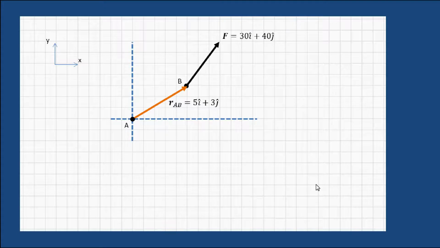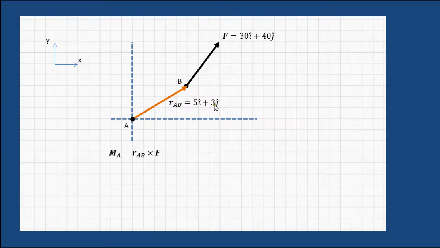Now we can take the exact same setup, but in this case we can create a vector formulation. So we look at the position vector that goes from the point of interest, in this case A, to the point of application of the force, and we designate that position vector as r A to B, and it has a 5i plus 3j position vector.